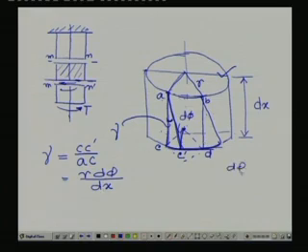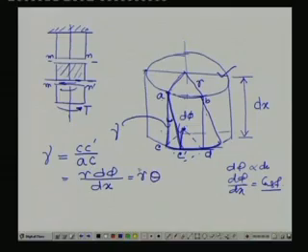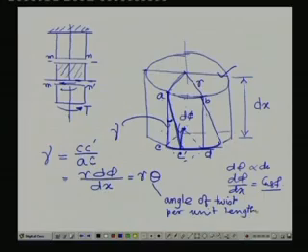So, d phi by dx is a constant term, and we write this as r theta. This theta is a constant and it is referred to as the angle of twist per unit length.